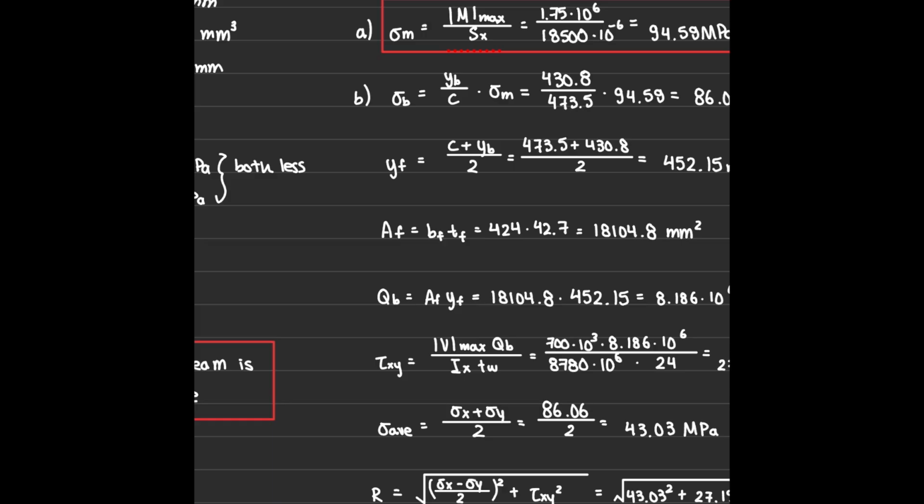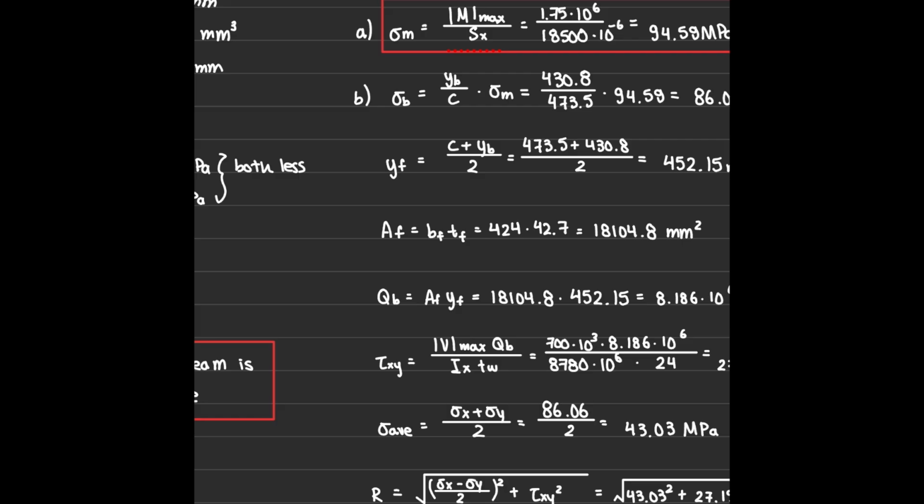We use the shear formula where we need the first moment of area for the flange section above the junction. So to find the centroid of that isolated flange area, YF, we use this equation and we get 452.15 millimeters. And the area of the flange is given by this equation, which is basically width times thickness.